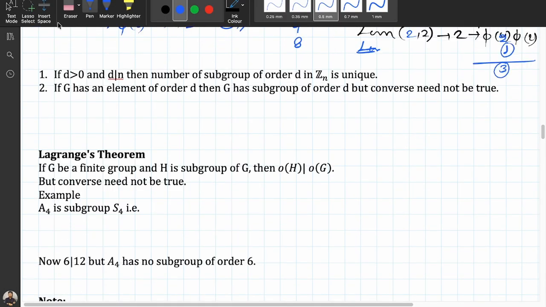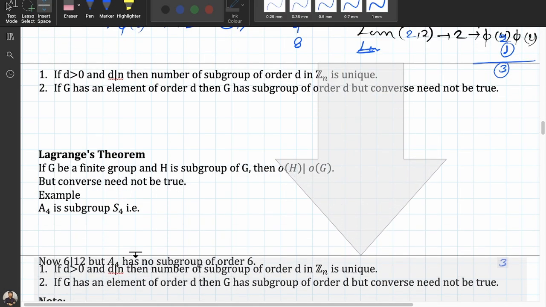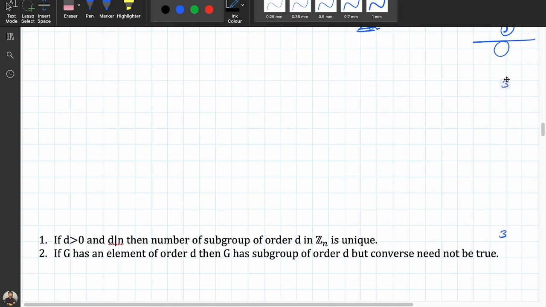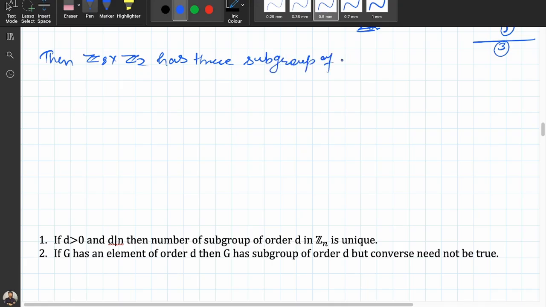Now what are those that we can easily find from here? 3 subgroups of order 2 you can find from here. So what are those? First one. Z8 cross Z2 has 3 subgroups of order 2.